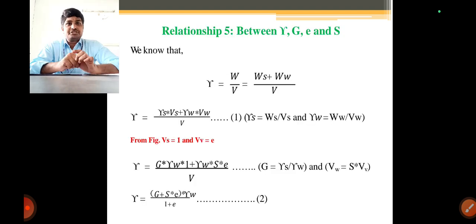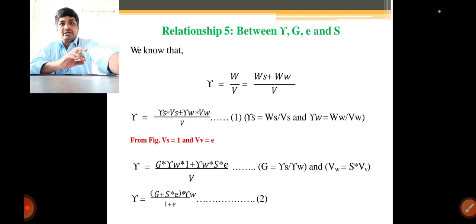And one more relationship is between the unit weight of the soil, specific gravity of soil, void ratio, and degree of saturation. Gamma is equal to weight by volume. The weight we are considering is the solid weight as well as the water weight, so solid weight plus water weight divided by the total volume of the soil.